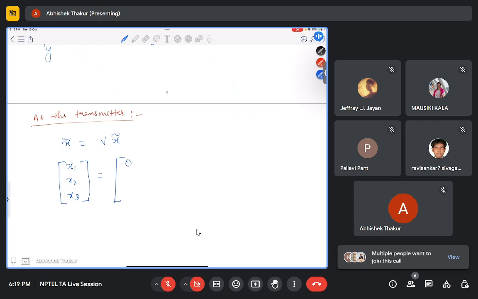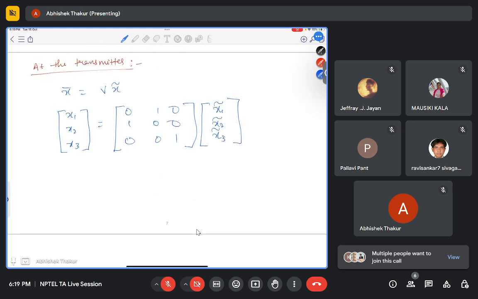Our V matrix is 0, 1, 0, 1, 0, 0, 0, 0, 1 as we have found before. And this is x1 tilde, x2 tilde and x3 tilde. So this is the pre-processing before transmitting the symbol.